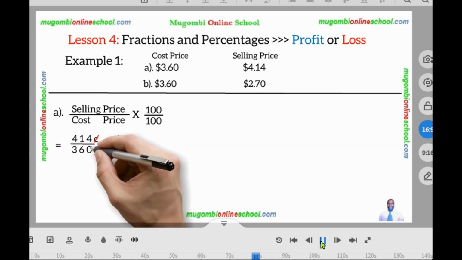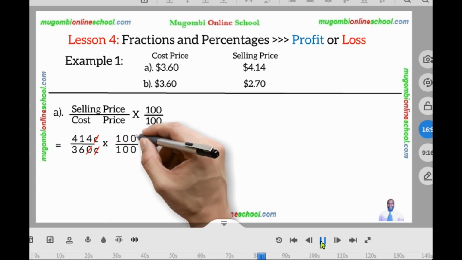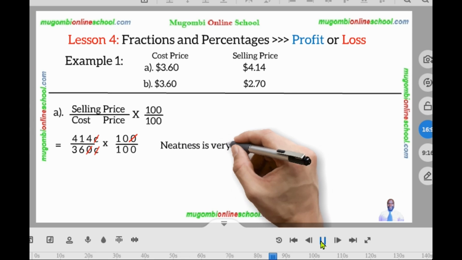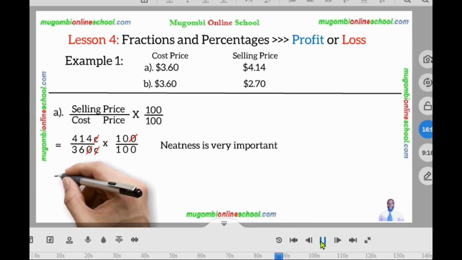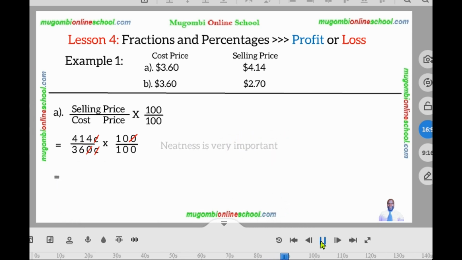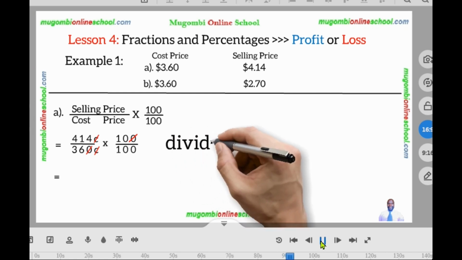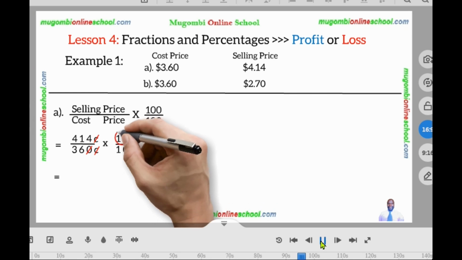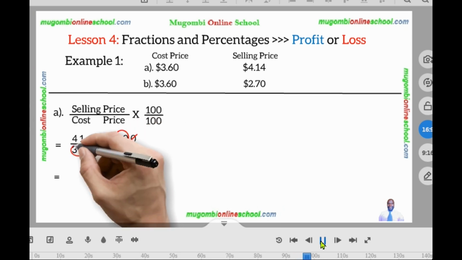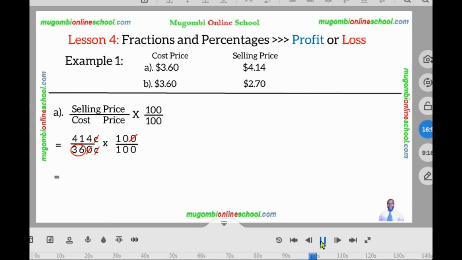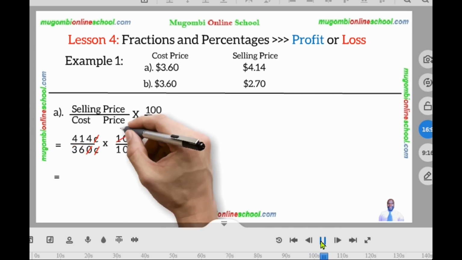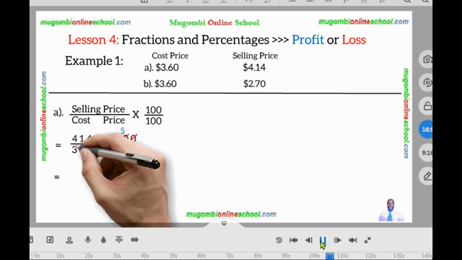So here we cancel the cents since they are the same unit and then divide by 10 like this. And then you need to practice neatness because neatness is very important. I emphasize on that. Then we have to divide by 2 on these numbers 10 and 36. So by dividing by 2, 2 into 10 gives us 5.